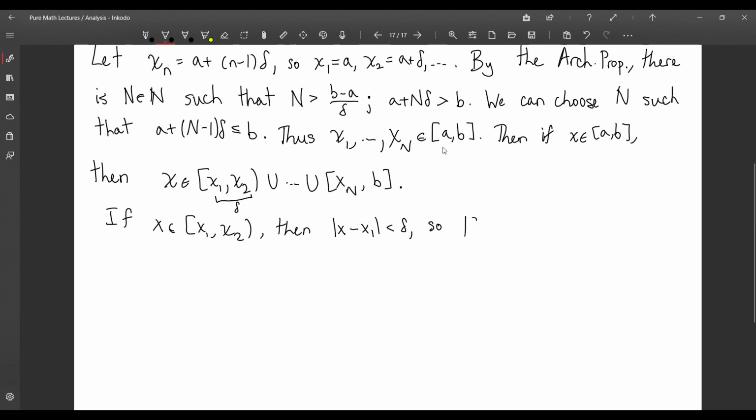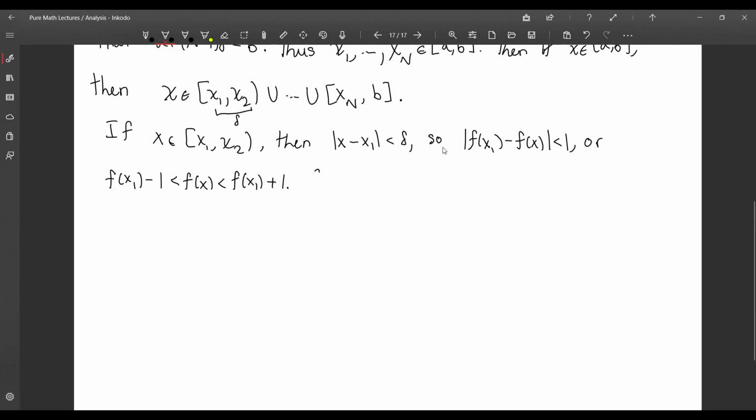And so f of x1 minus f of x is less than 1, or we can rewrite this as f of x1 minus 1 is less than f of x is less than f of x1 plus 1.